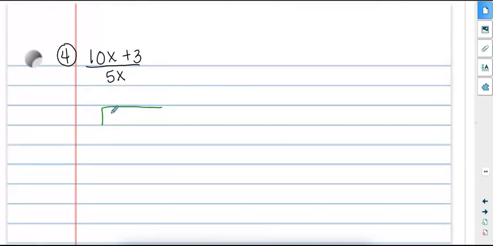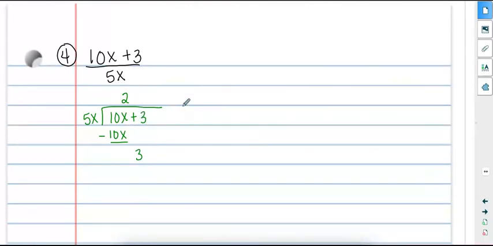We're going to divide 10x plus 3 goes inside, and 5x goes on the outside. So what times 5x gives us 10x? 2. 2 times 5 is 10. There we go. And then we're going to subtract going down. So we get 0, bring down the 3. How many times does 5x fit into 3? Well, it doesn't. This is the remainder.